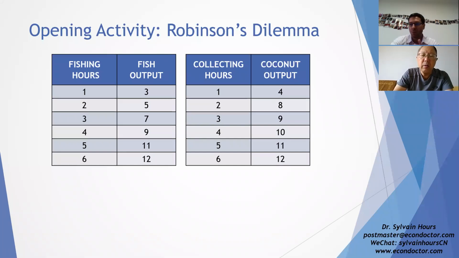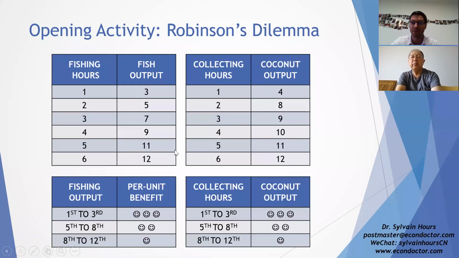And then we give information about the benefits of consumption. So same thing, the left-hand side table will give us information about the benefit of consuming fish, and the right-hand side table gives us information about the benefit of consuming coconut. So you see that, for example, if I consume the first fish, this will provide a satisfaction of 3 happy faces.